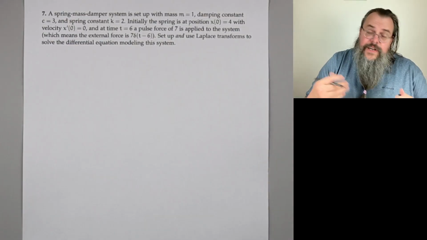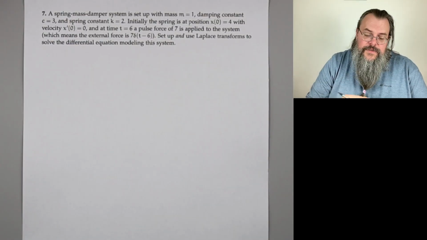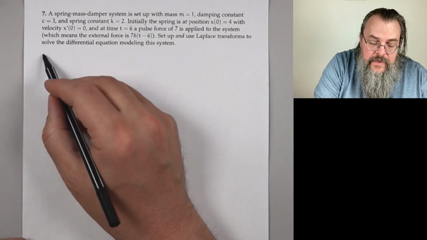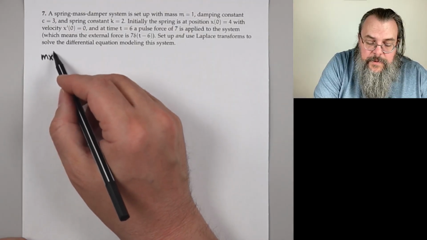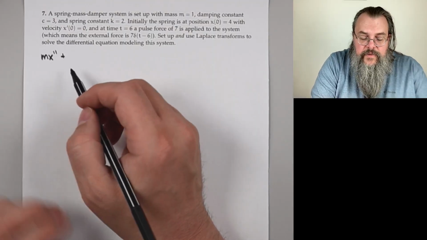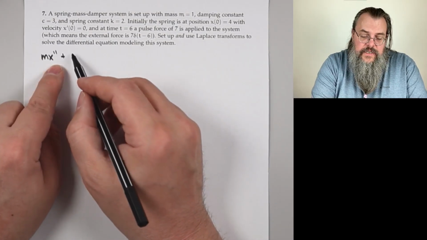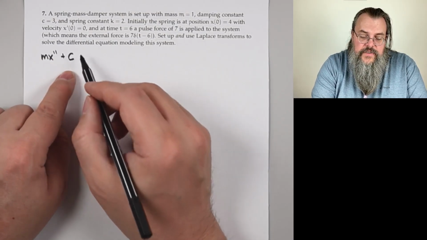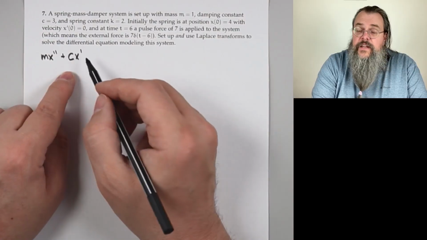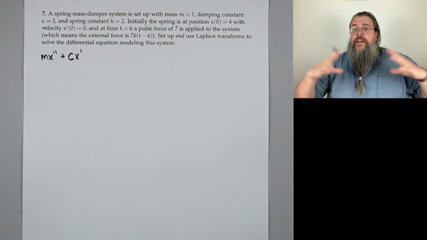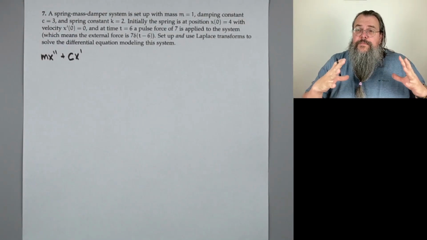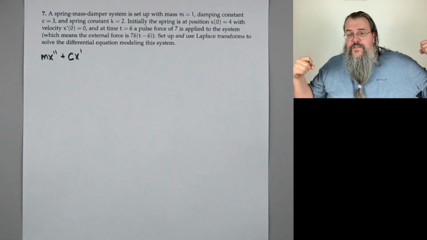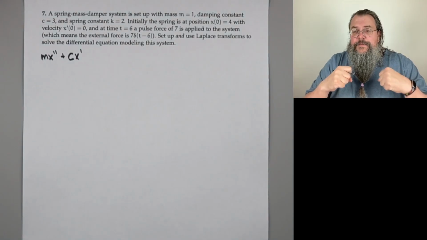All right, so first off, we have a spring mass damper system, or just spring mass sometimes we call it. So we have our m x double prime. So that's our mass times acceleration. Our damper constant, which comes with velocity, because the damper scales with velocity. So the faster it goes, the more it tries to slow you down.